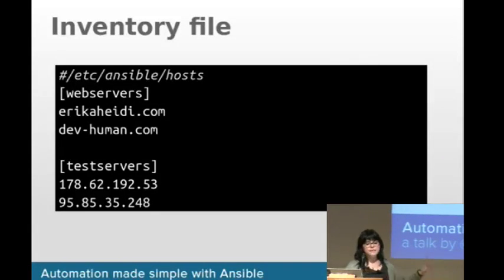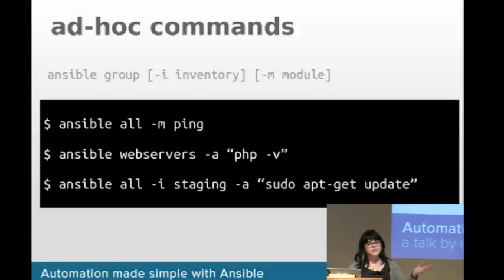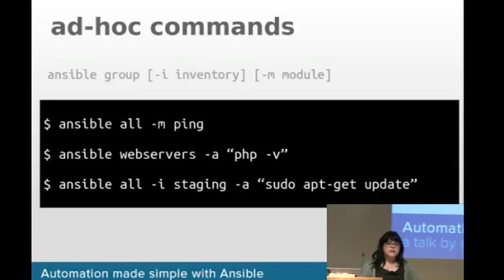Once you have the inventory file, this is the default inventory file in the location /etc/ansible/hosts, but you can also use separate inventory files per project if you want. There's no problem. And then once you have this setup and the machines are accessible via SSH with your current user, you can start running ad hoc commands.